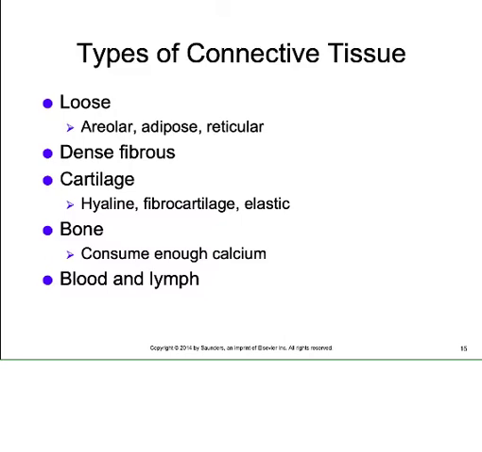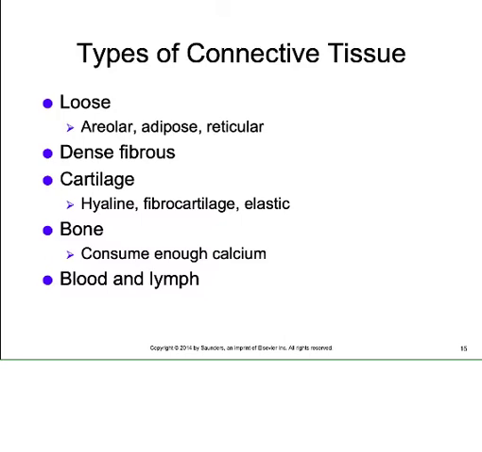And cartilage, hyaline cartilage, is found at the ends of bones that articulate as joints, so it pads and protects them. It's found in the upper respiratory system where it holds your voice box and your trachea open. Fibrocartilage, we've discussed where that's found, and elastic cartilage as well.